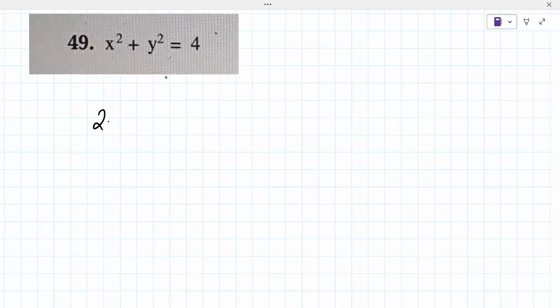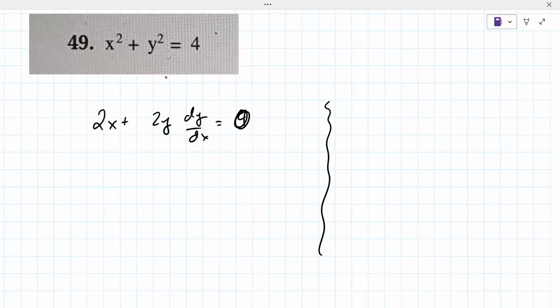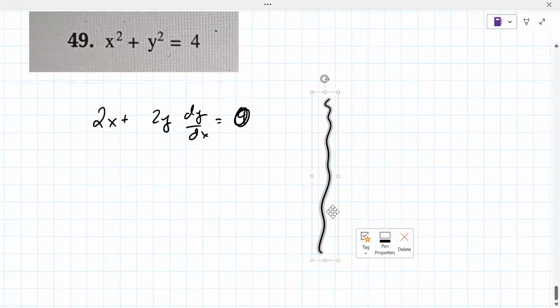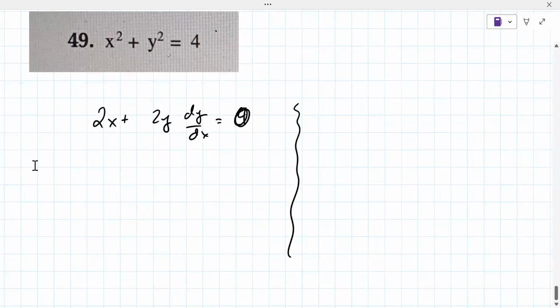So the derivative here is 2x plus 2y dy dx equals 0. And then what you really want to do is take the derivative again of this thing that you have right here. This is where it gets complicated, because you're taking the derivative of 2x, that's fine, that's 2.